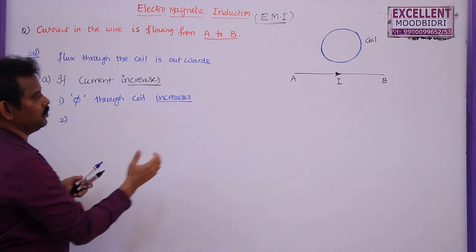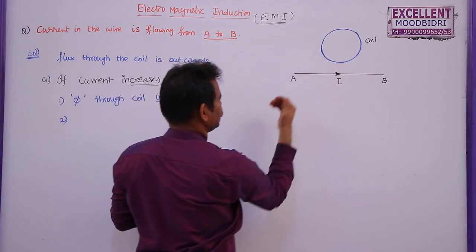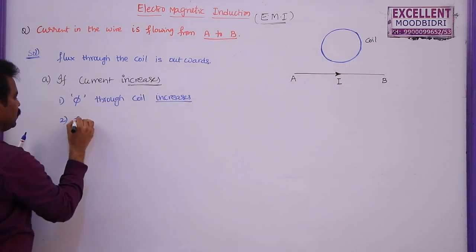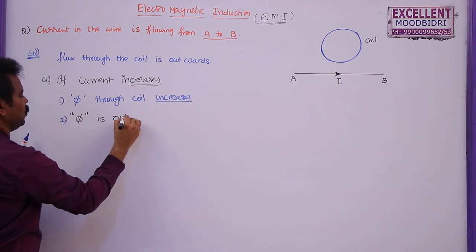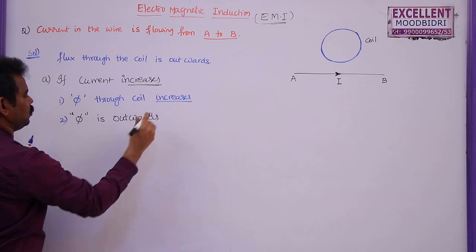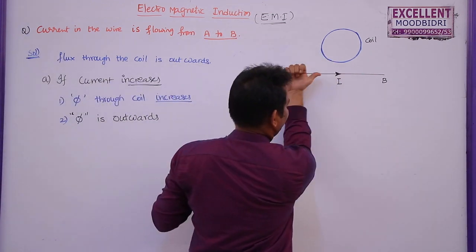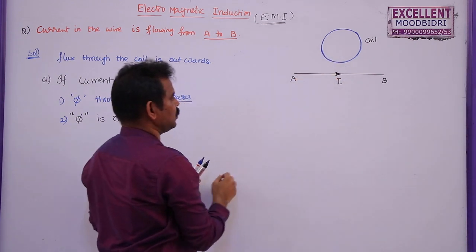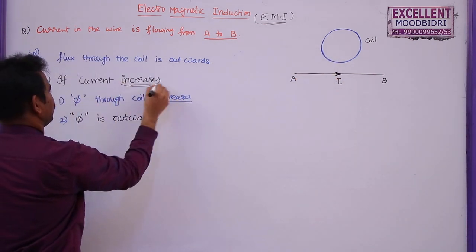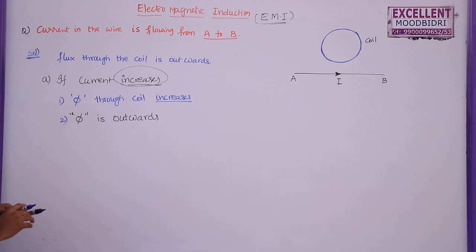Number 2, when the flux through the coil increases, what is the direction of flux here? Flux is outwards according to Ampere's right hand thumb rule. Current is flowing like this, the flux through this coil is outwards and it is increasing. Why? Because here the current is increasing from A to B gradually.